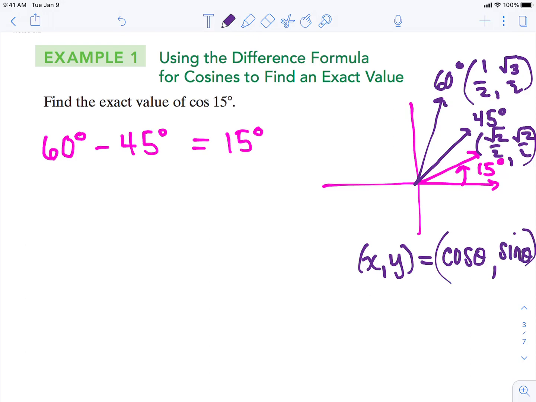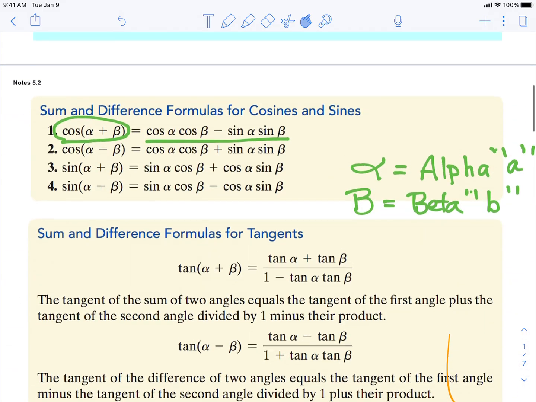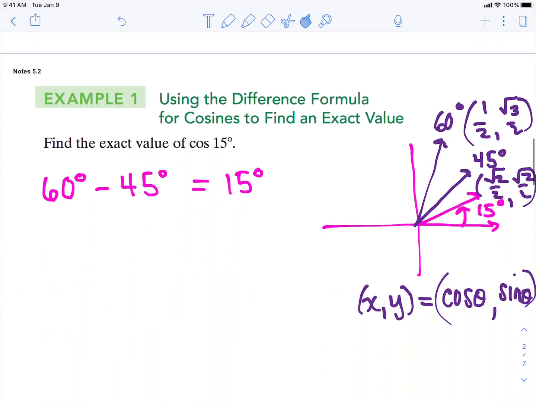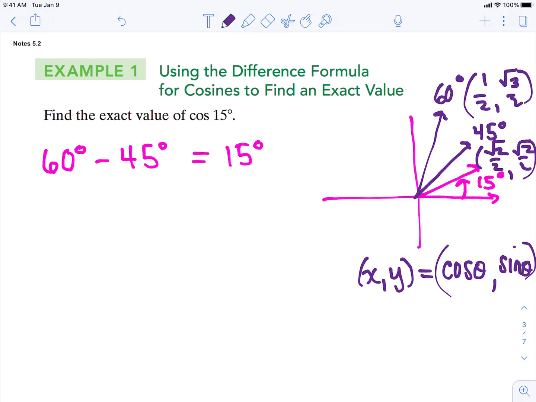So we're going to go ahead and look back up into our formulas, and we're going to use this formula right here. We're going to say the cosine of 60 degrees minus 45, and then substitute our alpha and beta in. So I'm going to write the formula first.